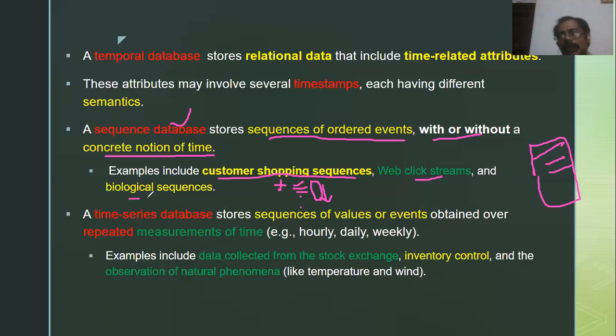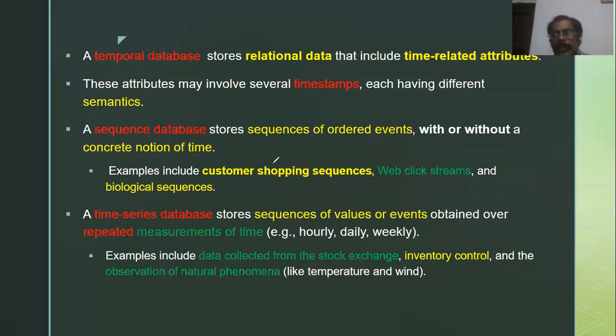And biological sequences. In a biological sequence, first this sequence occurs, then the next sequence, then the next, etc. A sequence database stores sequences of ordered events with or without a concrete notion of time. Three examples: customer shopping sequences, web click streams, biological sequences.